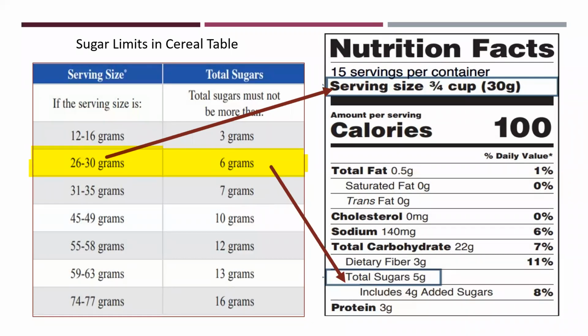Looking at the left-hand column, find the 26 to 30 gram row, and now reading across, the table shows that the cereal can't exceed 6 grams of sugar. Now turn your attention to the nutrition facts. Look down the nutrition facts until you see total sugars. In this case, we see that the total sugars are 5 grams. We know that we can't exceed 6 grams, so this cereal is creditable for CACFP.